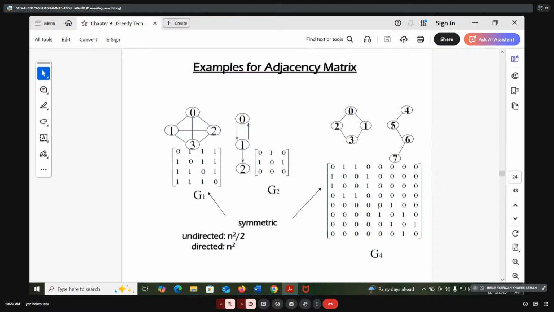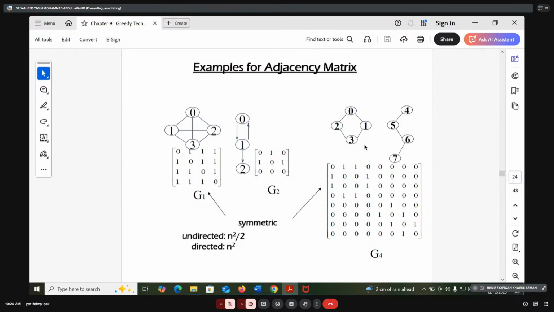I have only connections between 4 and 6. For node 6, I have 5 and 7. For node 7, only with 6. So this is the graph using an adjacency matrix.